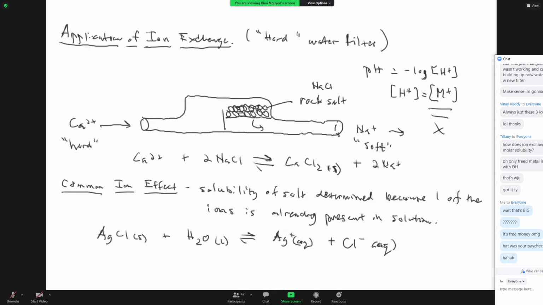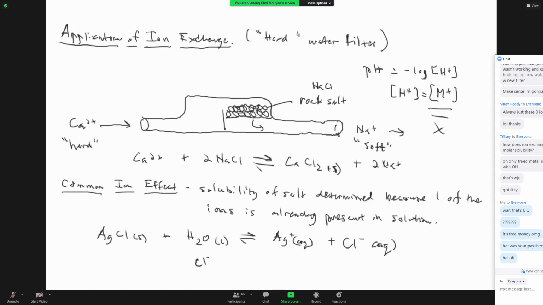But if this water had sodium chloride in it, which is entirely possible because most water nowadays has some type of salt that's leached through the ground or through pipes that have cracked, or even in your soft water filter that's coming out of the pipe.